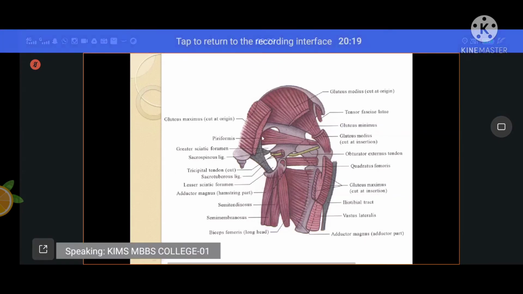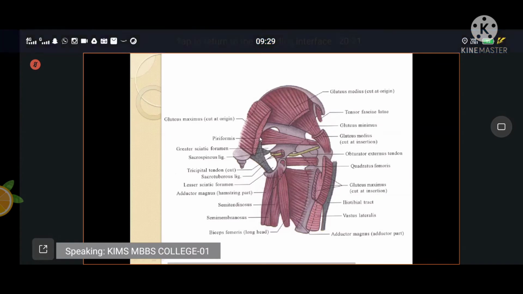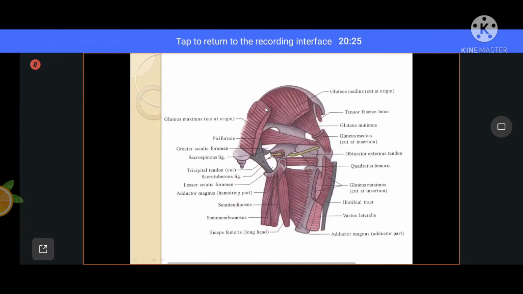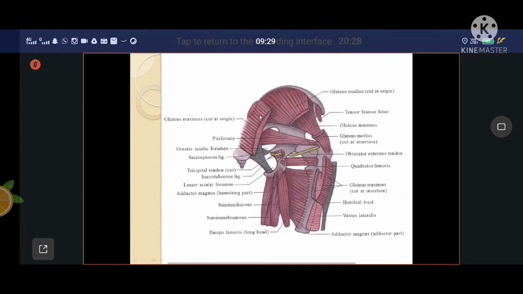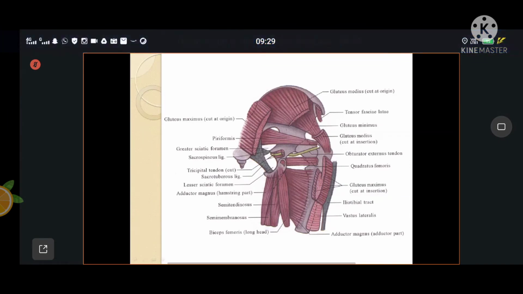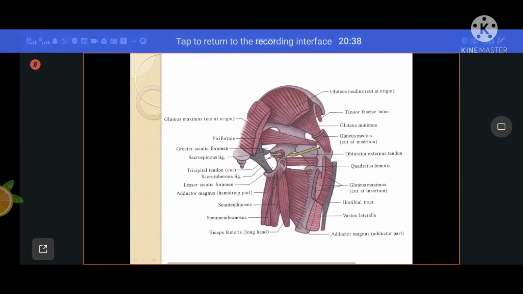So now which is the chief or the big muscle which is a lateral rotator of the hip joint? The first one is the gluteus maximus muscle. And now we are studying another muscle, the piriformis muscle, which is inserted into the tip of the greater trochanter, and this is also a lateral rotator of the hip joint, right?